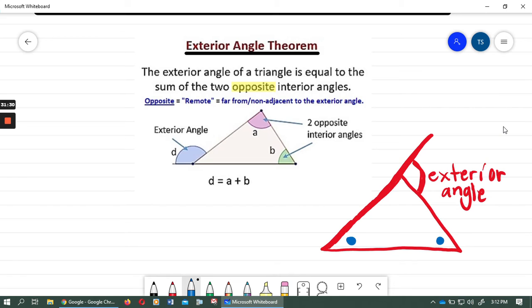If you get what I'm trying to say here, and I really hope that you do, because I've taken up minutes of video time trying to make sure that you get it. I hope that it helps bring clarity to it. So again, these right here would be considered your two opposite or remote interior angles.